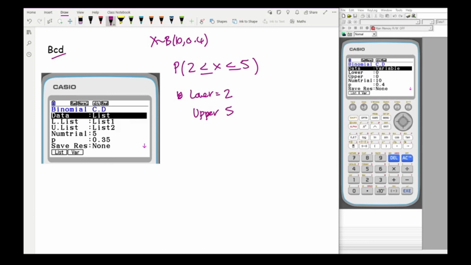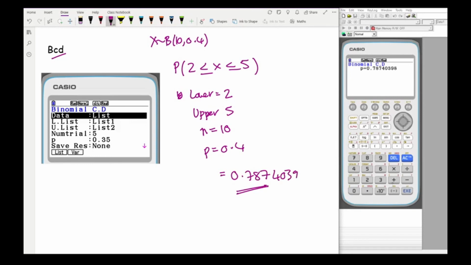Then we can enter n, which is 10, p, which is 0.4, and press equals. So lower is 2, our upper is 5, and the rest is absolutely fine. It gives us a probability of 0.78740398 to more levels of accuracy, so it's 0.7874 to 4dp.